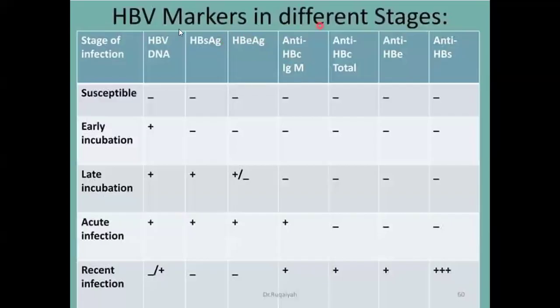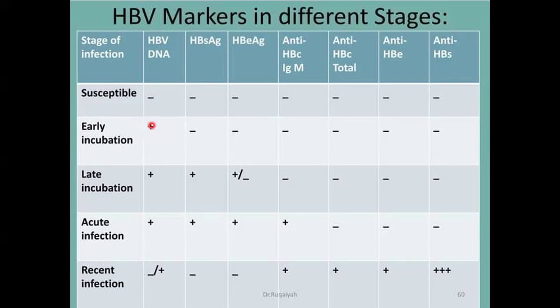So these are the HBV markers at different stages. We have susceptible, or negative, then early incubation. So these are the earliest stage. You'll see this is positive because it is a marker of viral load. So you might have maybe 2 or 3 viruses.